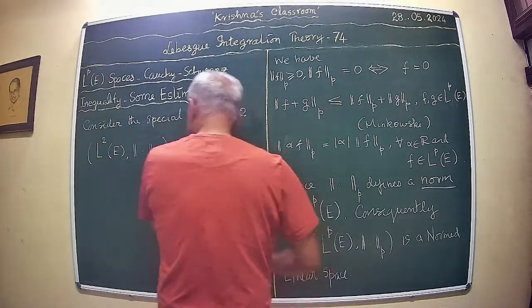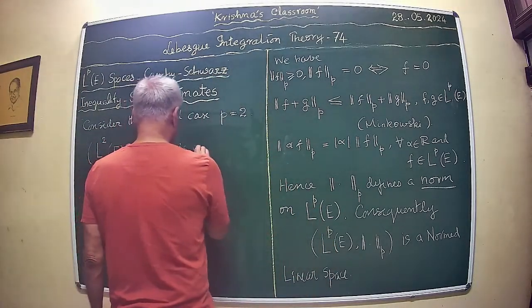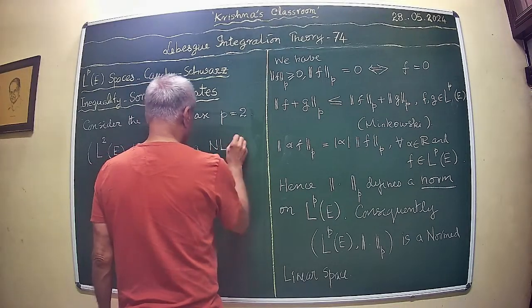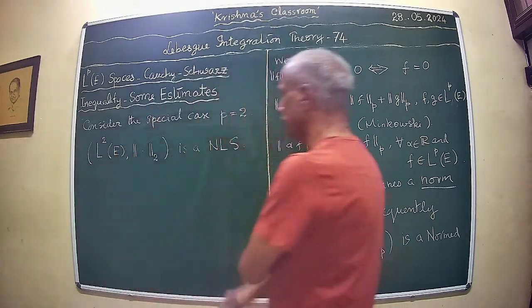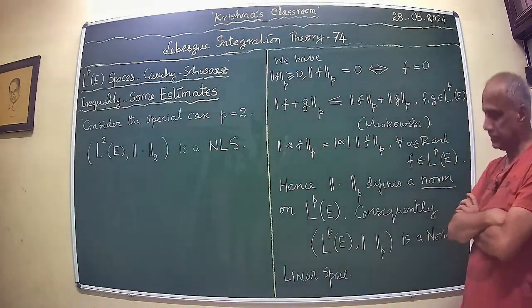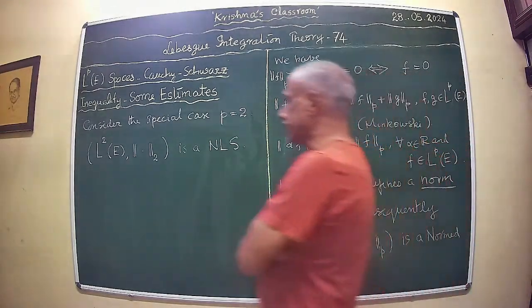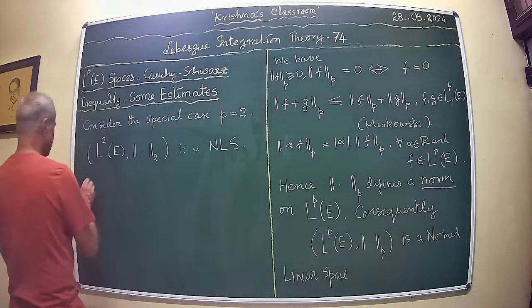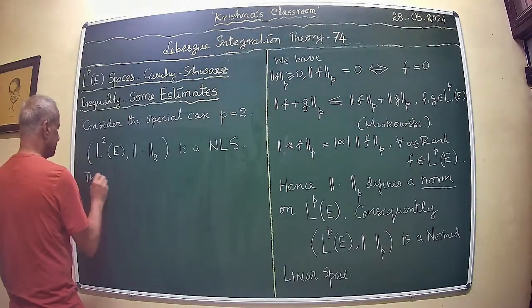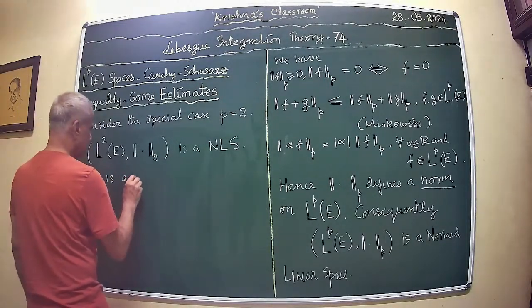Now this is of course a specific case. It's a normed space. It has more fascinating structures, and it turns out to be what is called an inner product space.